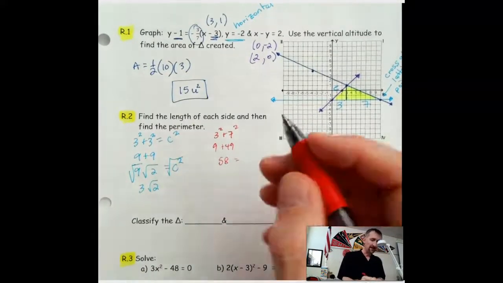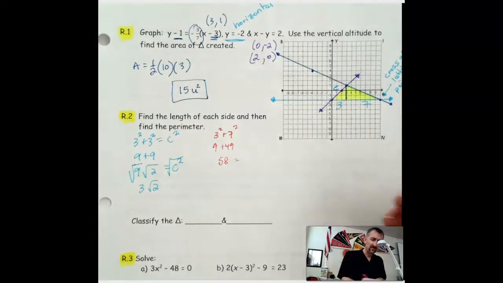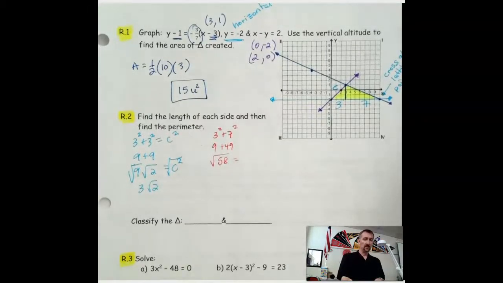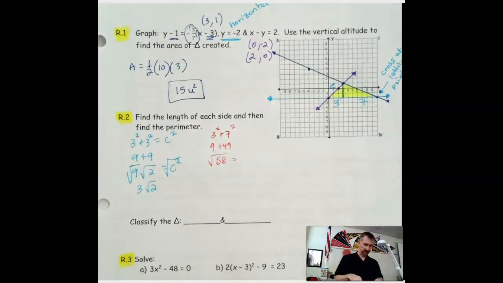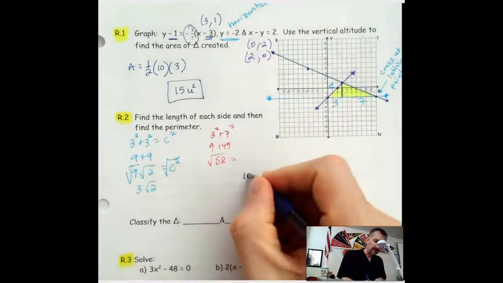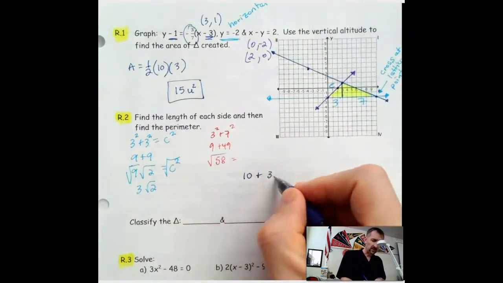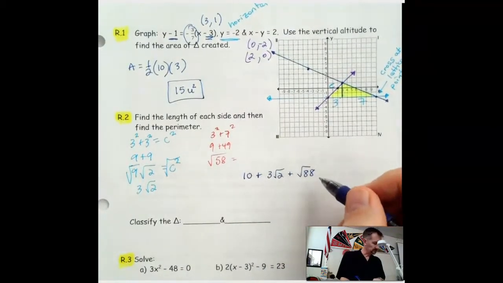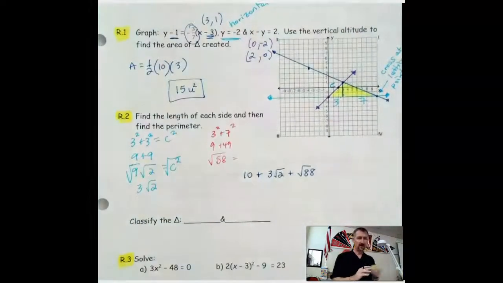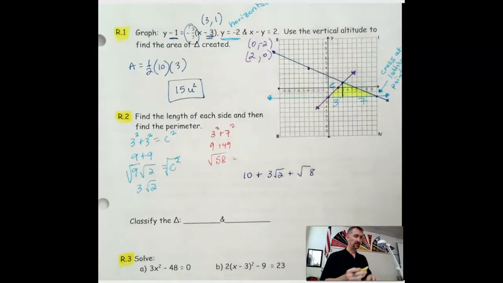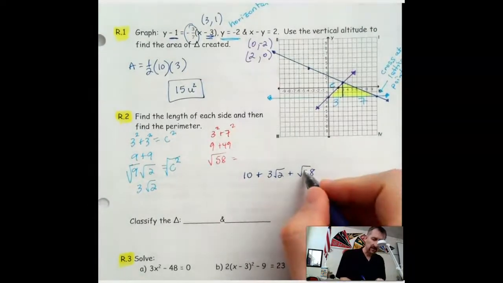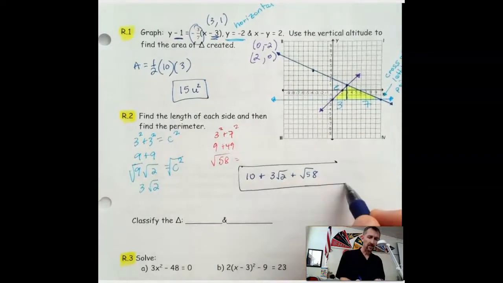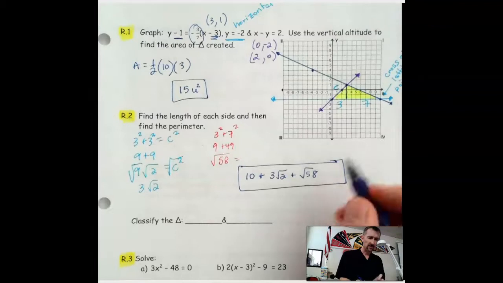So the perimeter is going to be 10 plus 3√2 plus root 58. Not 88, 58. Brain was focused on the 8. Okay. Units.